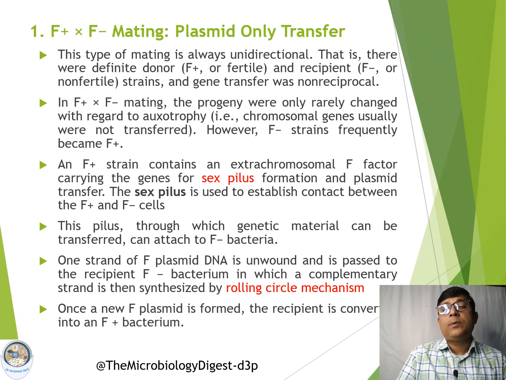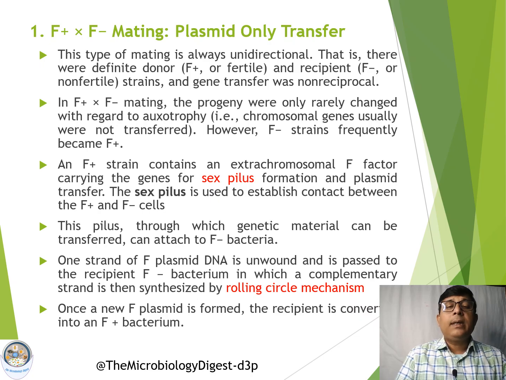So the first type of conjugation is the F plus and F minus mating. Here only the plasmid transfer takes place, and this type of mating is always unidirectional. So here what happens, a bacterium having the fertility factor, the F plus or donor bacterium, comes close to a recipient or F negative bacterium.